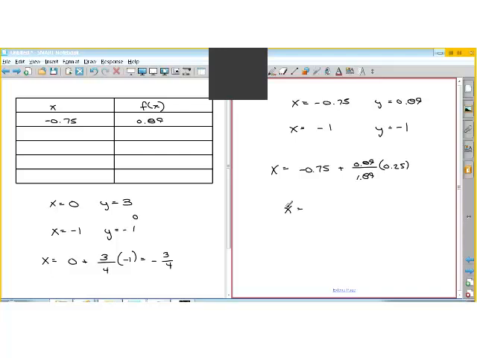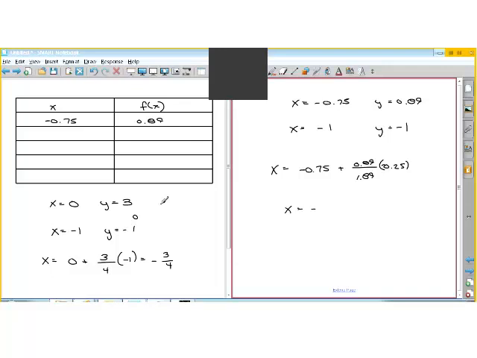So -0.75 plus 0.89 divided by 1.89 times 0.25. I get x is, something's wrong there. Oh, that's negative. Was that where I messed up before?